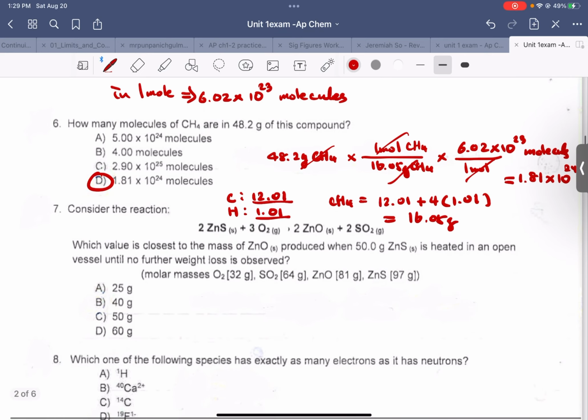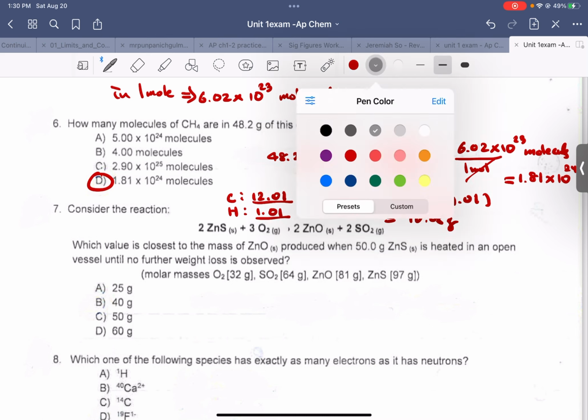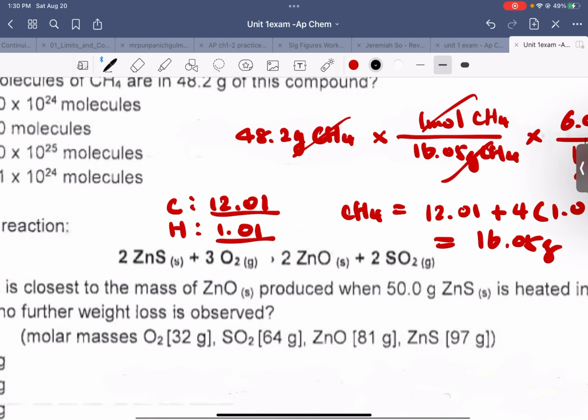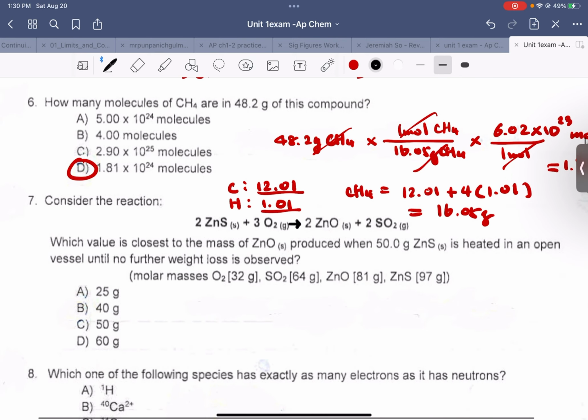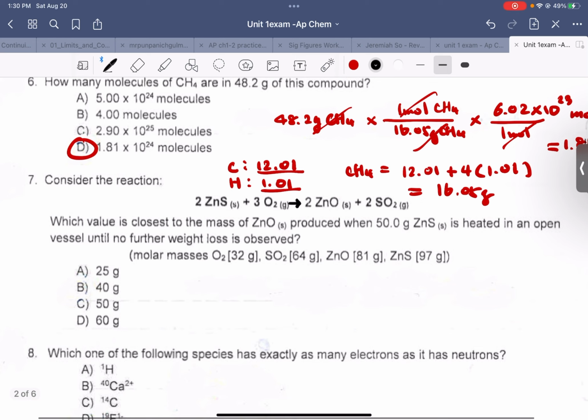Now number 7, consider the reaction. They gave you this reaction, with this arrow right here. Okay, so zinc sulfide and oxygen give zinc oxide, and you have SO2, right?